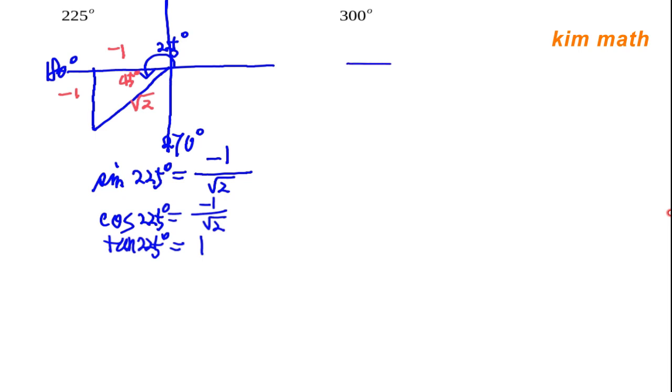So, first job, this is 270, this is 360. So 300 is just 30 more 270, right? So when you sketch 300, I hope you can sketch like this one.